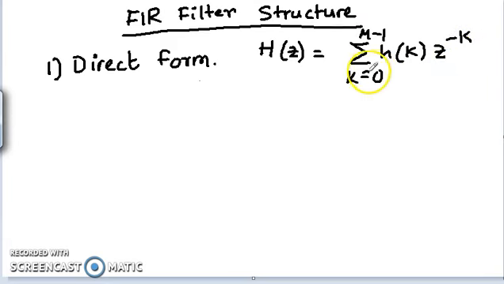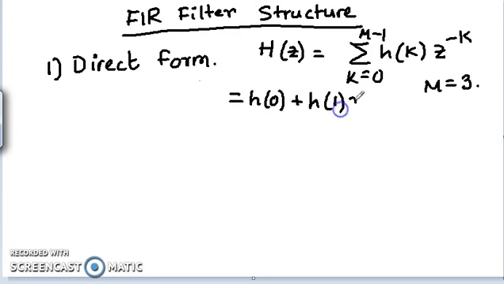We are considering M equal to 3, so we have 4 values, so 4 terms will appear. What will be the values? It will be h0 z to the power 0 plus h1 z to the power minus 1 plus h2 z to the power minus 2 plus h3 z to the power minus 3.